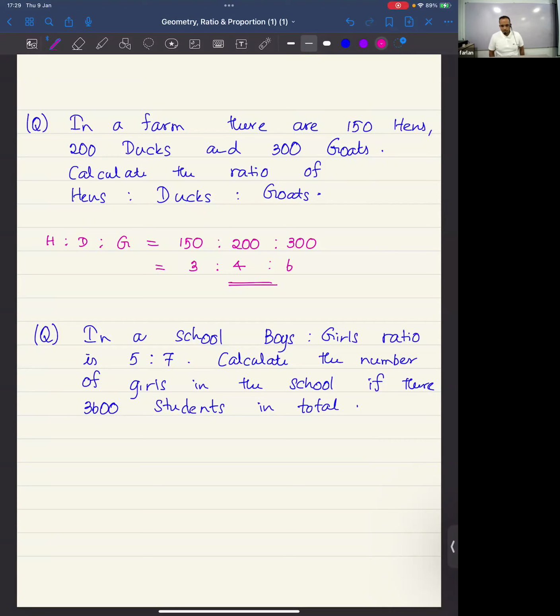Calculate the number of girls in the school if there are 3,600 students in total.